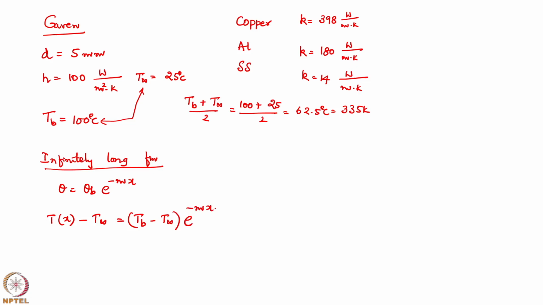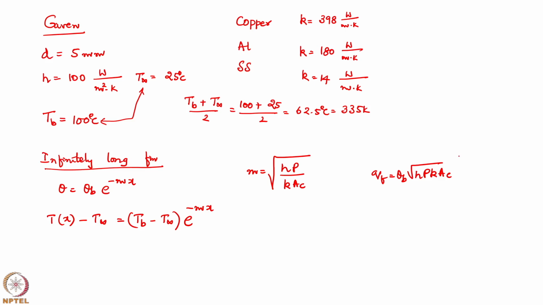Now m is equal to square root of hP by kAc, and also I know q fin is equal to square root of hPkAc into theta b, where theta b is again Tb minus T infinity.